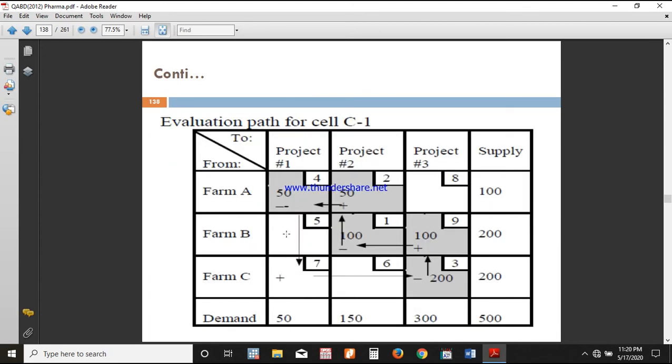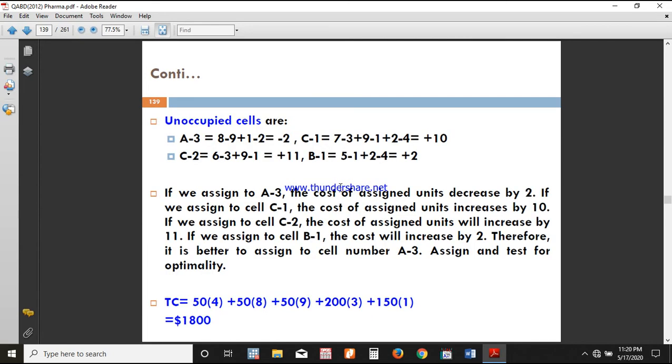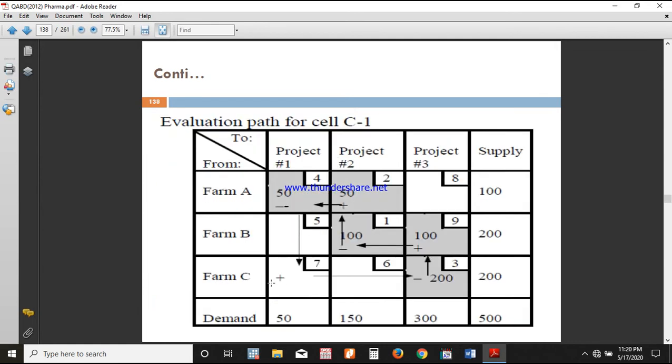Similarly for B1, you can take plus, minus, plus, minus. Therefore, 5 minus 1 plus 2 minus 4, which clearly becomes plus 2. For C1, this is an unoccupied cell, therefore you can skip the first plus.